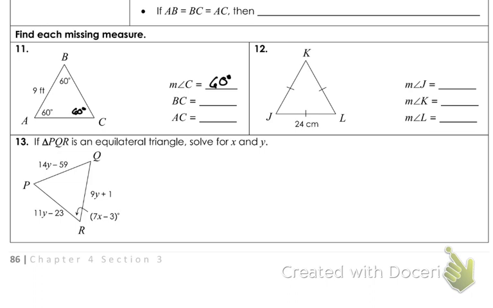If all of the angles are equal, what does that mean about all the sides? They're also equal or congruent. So we could put tick marks on all of these. And if one of them is 9 feet, that means all of them must be 9 feet. So BC must be 9 and AC must be 9 as well.